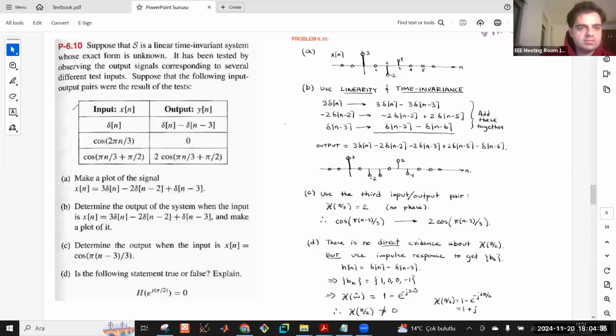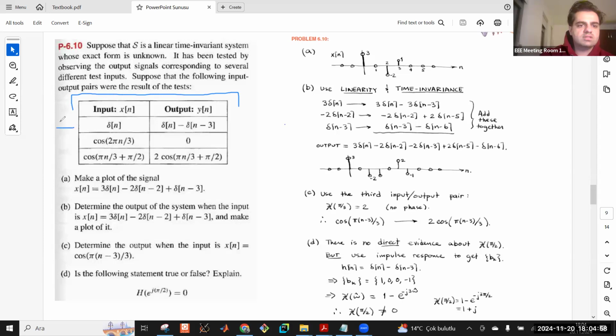Here, this question is different from the previous ones. In the previous ones, we were given the input-output relationship in time domain by difference equation, or in frequency domain by frequency response. This time, we don't have such a closed formula, but we have three observations.